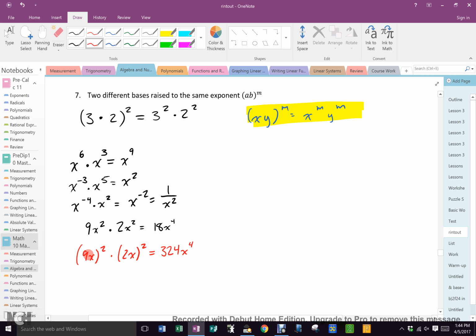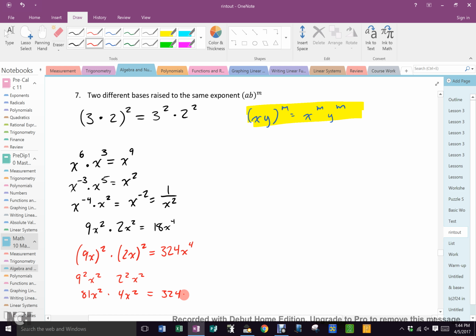Because this time there's brackets. So this is really 9 squared x squared, which is 81x squared. This is really 2 squared x squared, which is 4x squared. Then numbers together, 81 times 4 is 324.